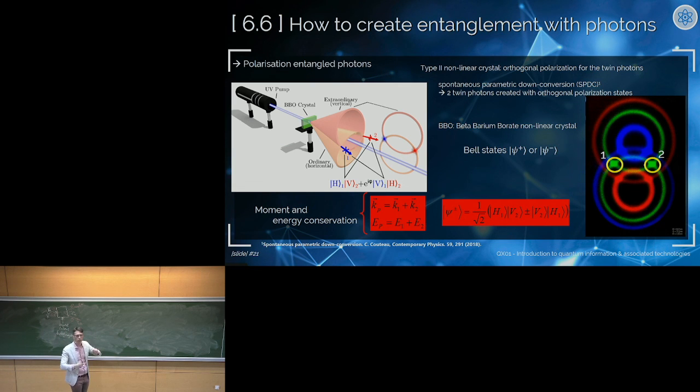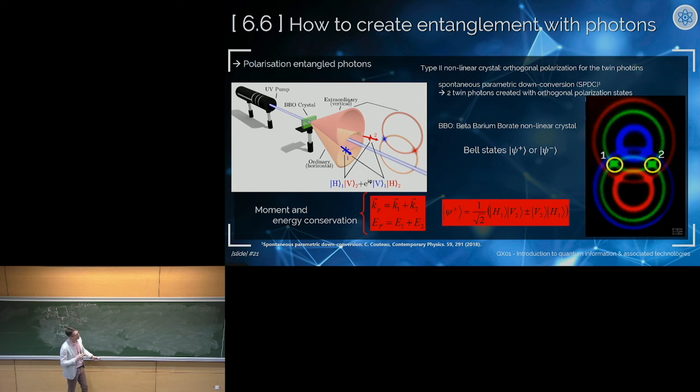So one of them is going to be, say, horizontal state. So like this, I will represent it like this. Remember, oscillation like this. And the other one is going to be like this. Okay?